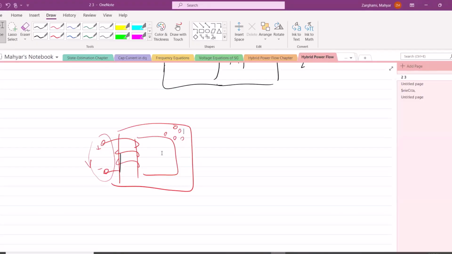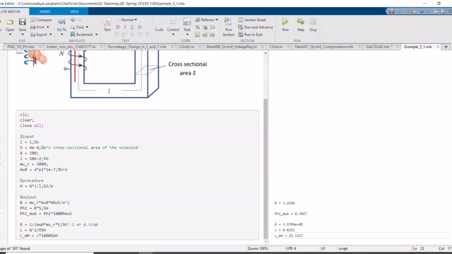Hysteresis losses were not because of conduction; they were because of creating a force to align the internal magnetic areas with the external magnetic field. But this loss is associated with the currents that flow in internal areas of my magnetic material because of current conduction. Loops of electric current exist inside my magnetic material. That causes some losses, which we call eddy current losses. That's a different type of loss.